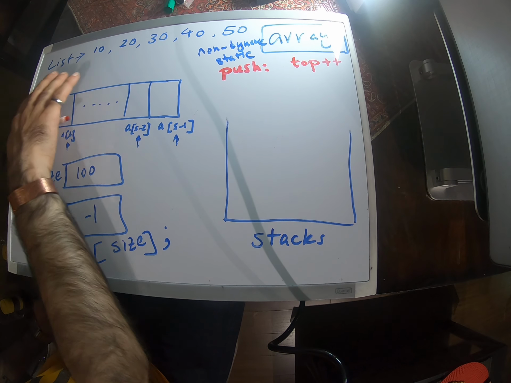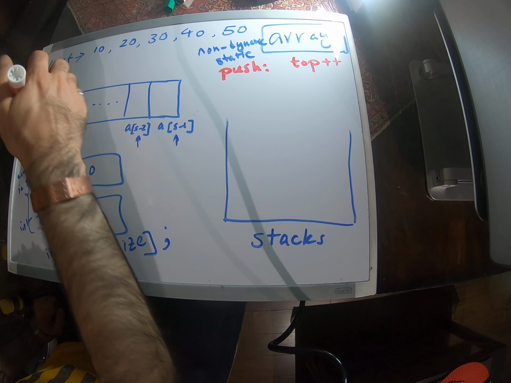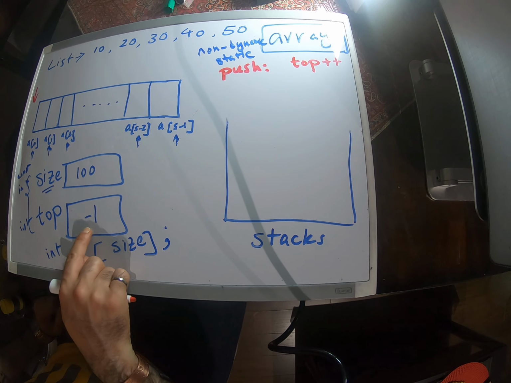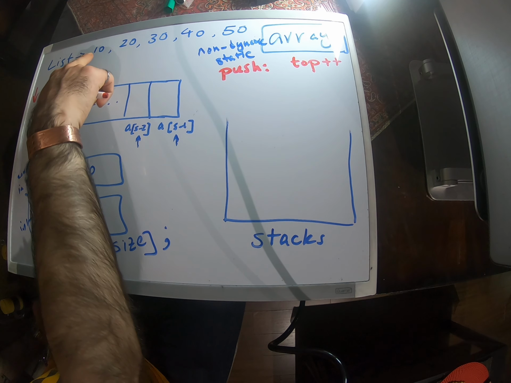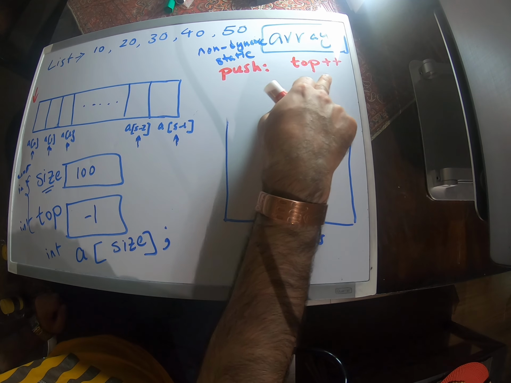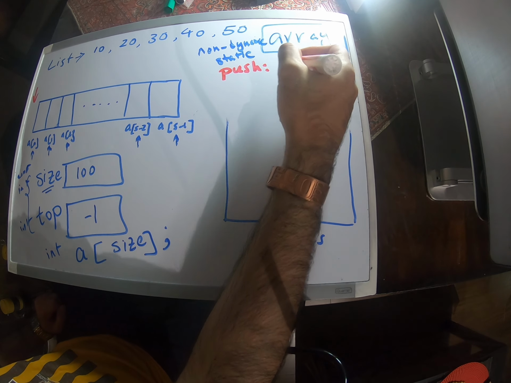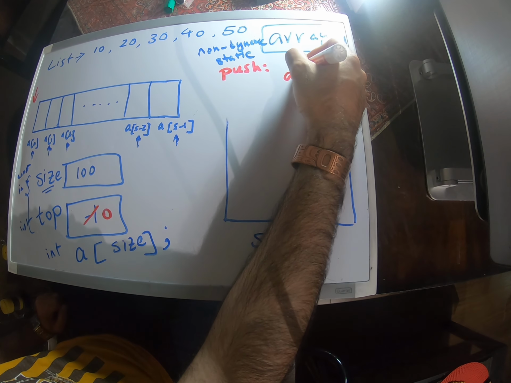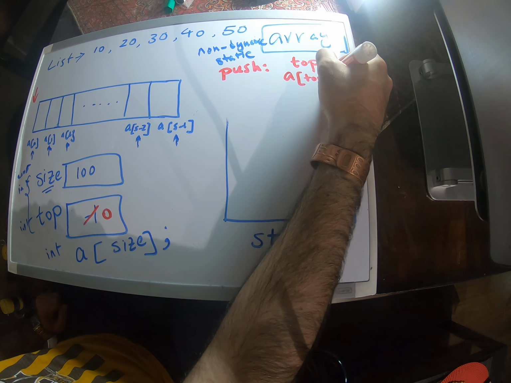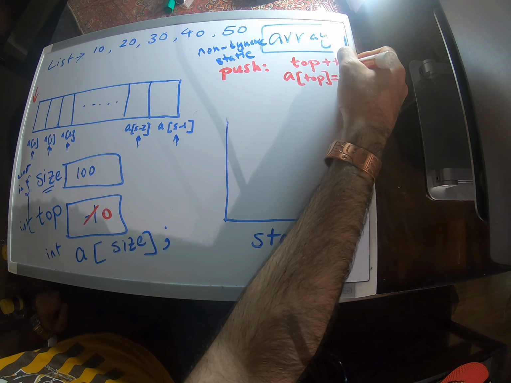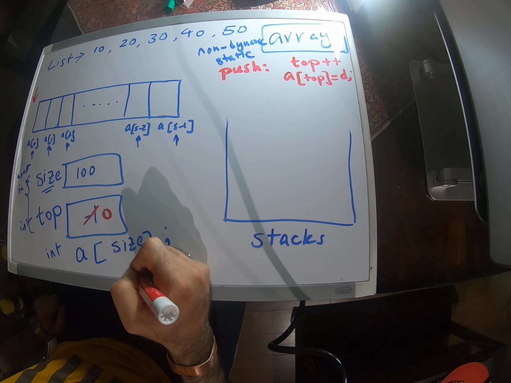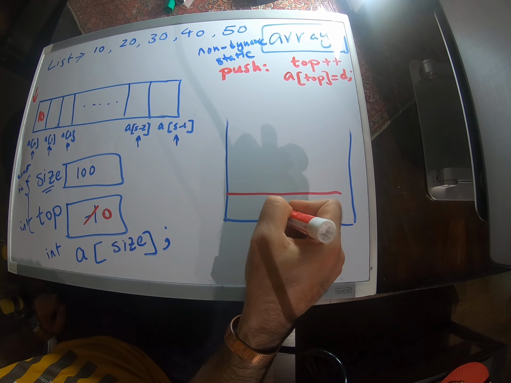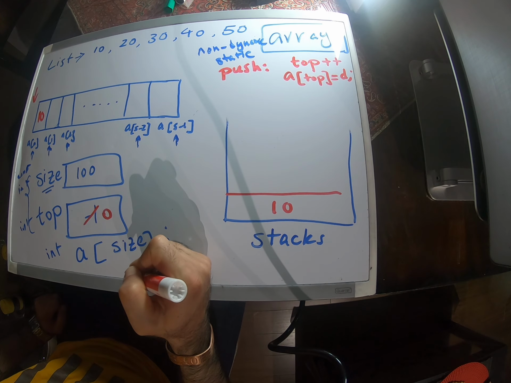Right now our array is empty, so we don't have any element, and that's why top is -1. The first number we want to push: we increment top, so top becomes 0, and then we set a[top] equal to the number that we want to push. In this case this is 10, so 10 goes here. So this is how we push.